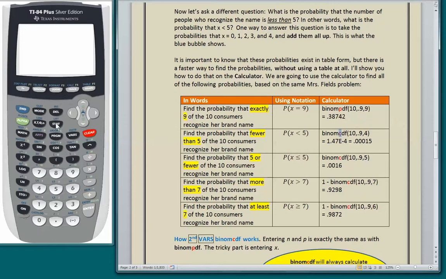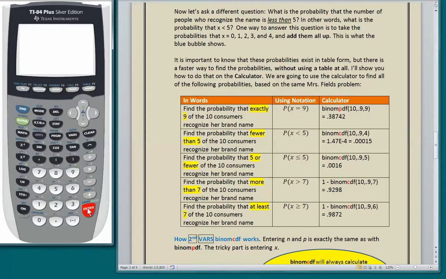So let's do that. Second, vars. We're going down to binom CDF. And there it is. Enter. And now we're going to hit 10, 0.9, and 4.